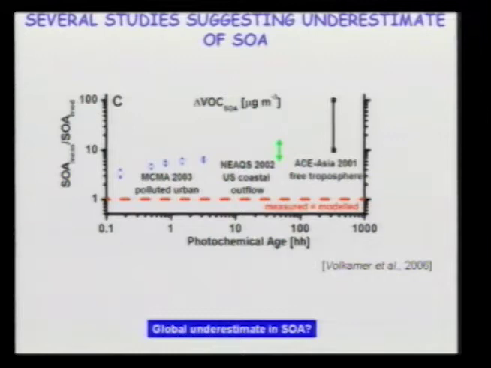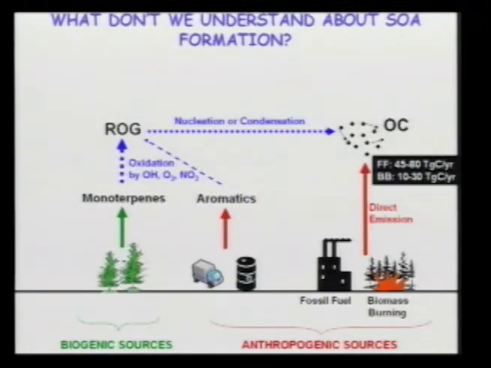This is for a Mexico City study, a US coastal outflow study, and then ACE Asia, which I've already pointed out to you. And you can characterize it in terms of a photochemical lifetime. And what you see is that the longer the photochemical lifetime, the higher this discrepancy is in the emissions, indicating that it's probably something going on in the free troposphere itself, and that's arising in situ.